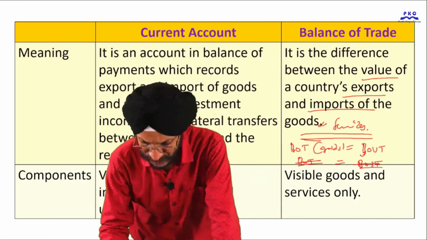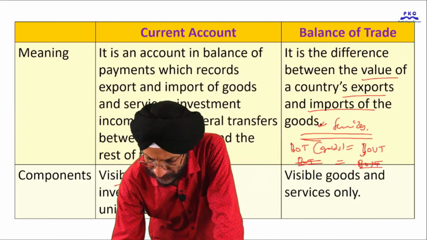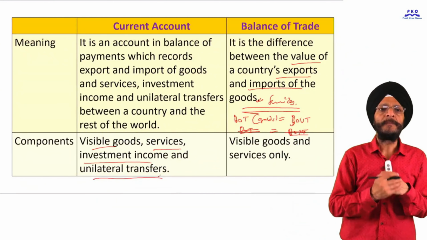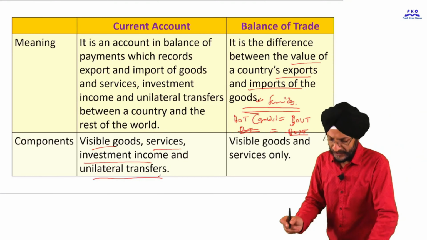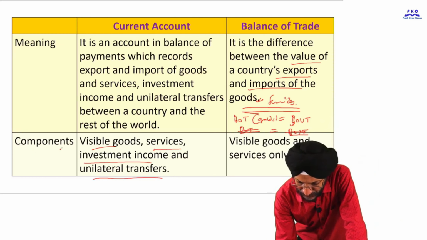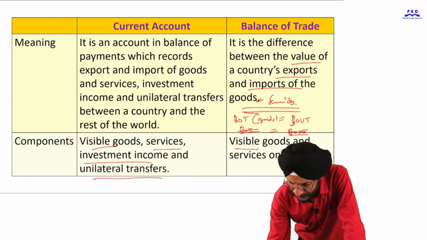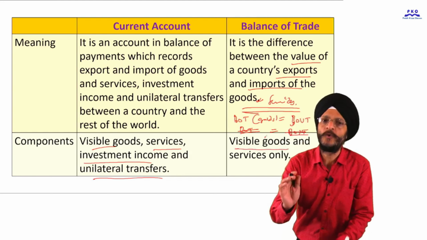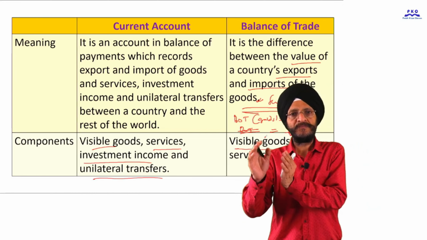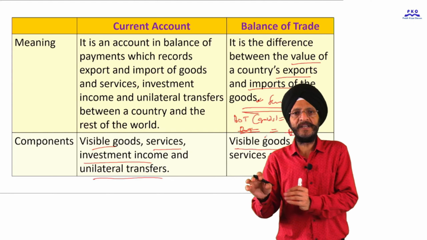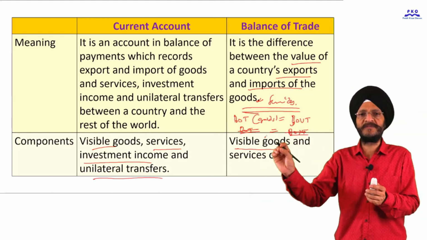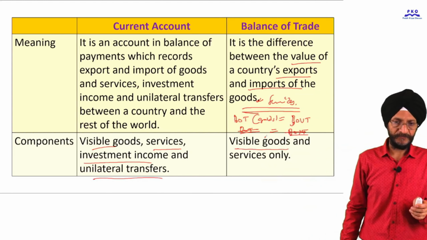We have already discussed that visible items, invisible items, investment income and unilateral transfers are the components of current account. In the case of balance of trade, the components are visible goods and services only. We do not take into account unilateral transfers and investment income in the case of balance of trade.